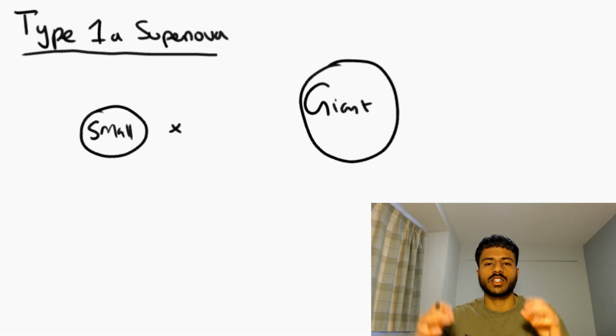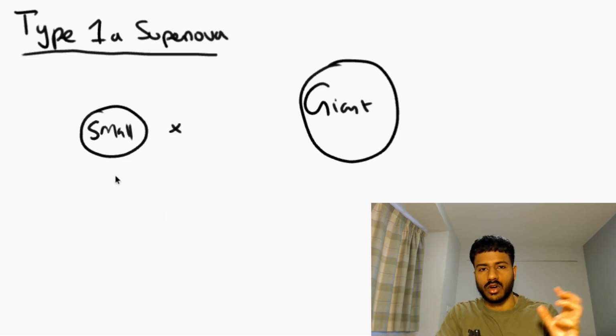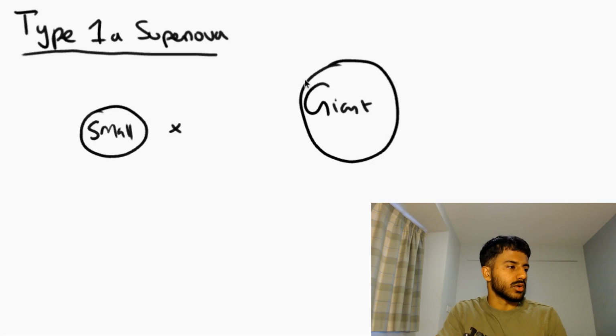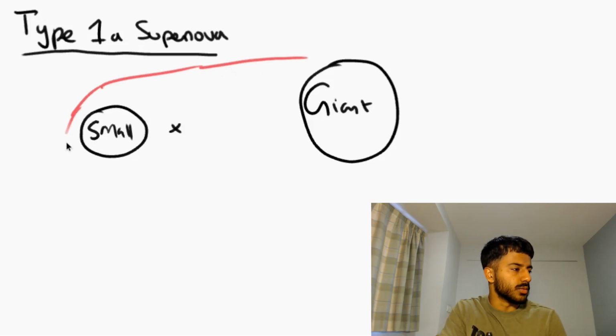And what's going to happen is this red giant or this giant star is going to have a lot of material on the outside. And because of gravity, as we know, this material is actually going to get attracted to this dwarf star. And what you'll see is this giant star's material will actually start to form a spiral around this small star.